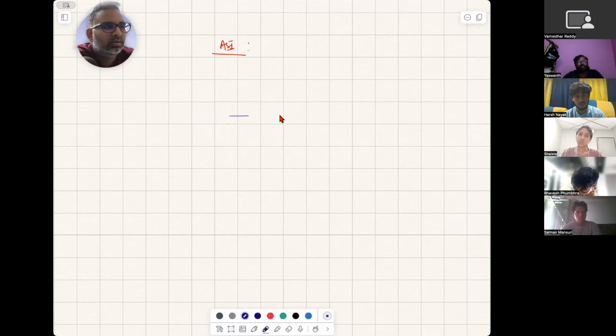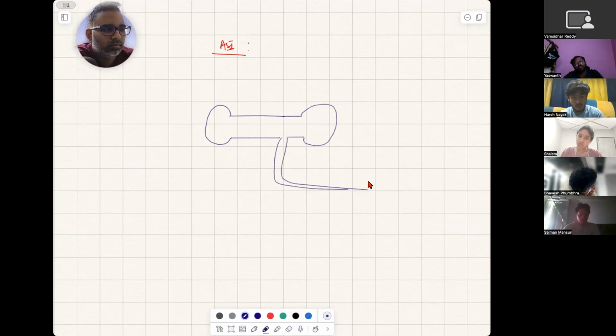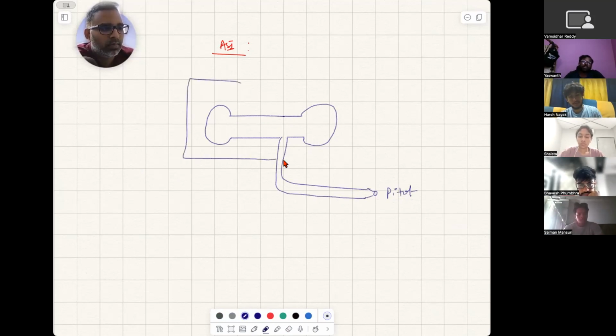Yes or no? Yes, sir. An aneroid capsule. I'm drawing a very rough diagram. This is the pitot tube. Now, where is it present? Inside the casing. The casing is connected to the static vent.